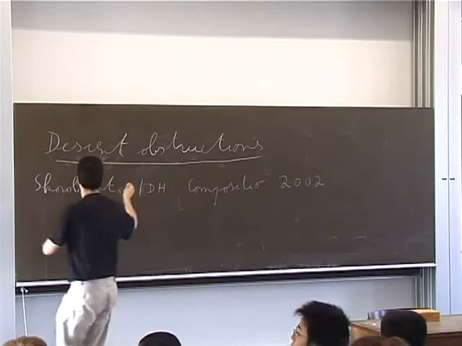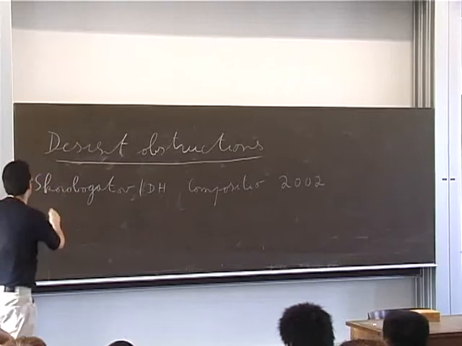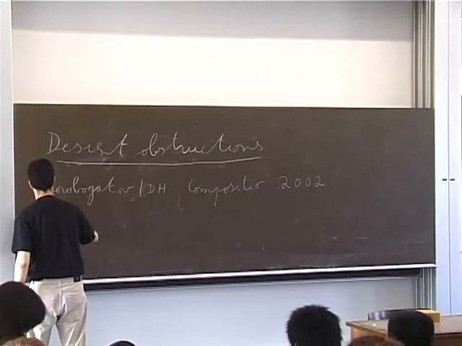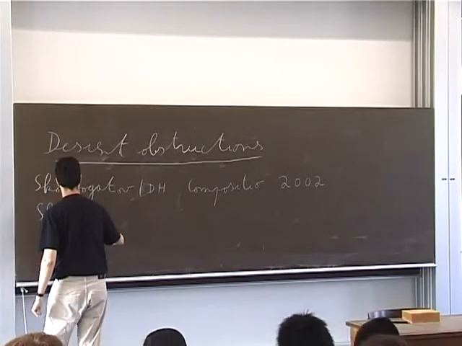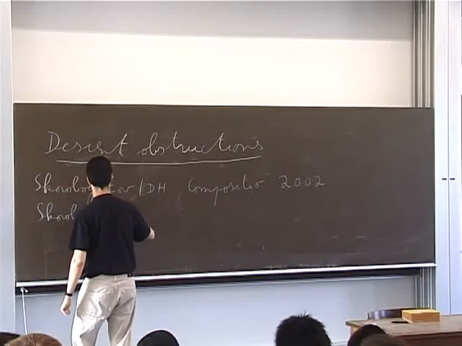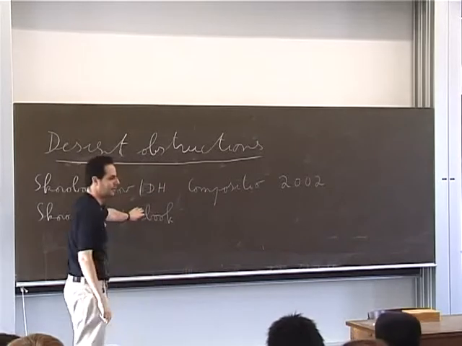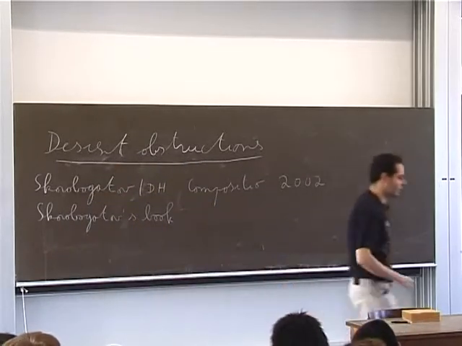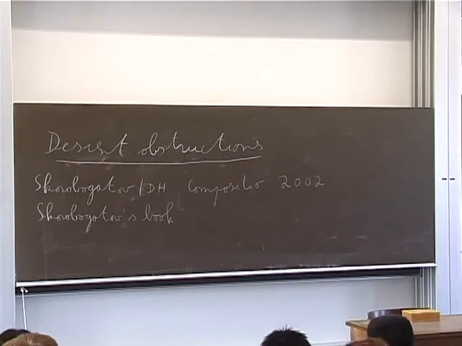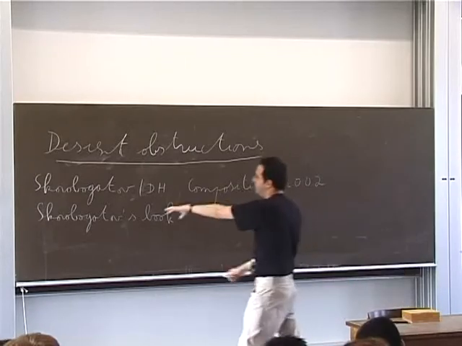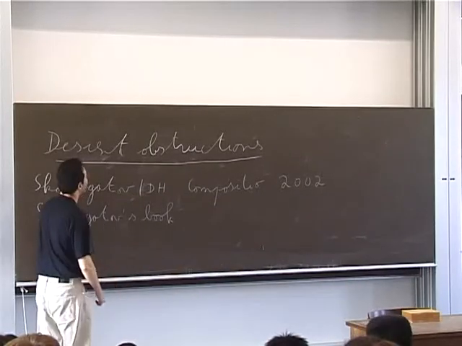Or everything is also explained in Skorbogatov's book. The title of his book is Torsors and Rational Points. So you will find everything about descent in this book.